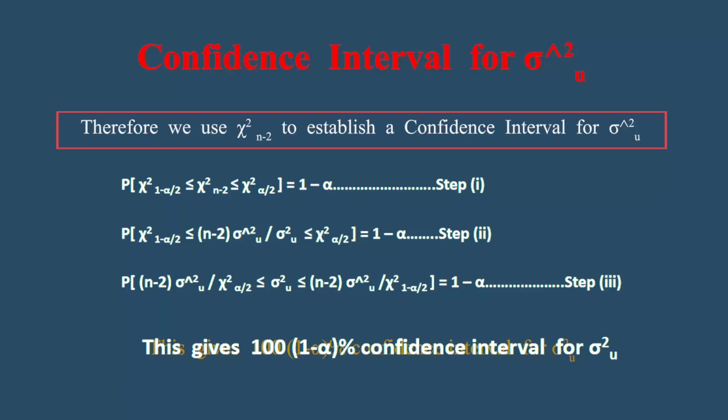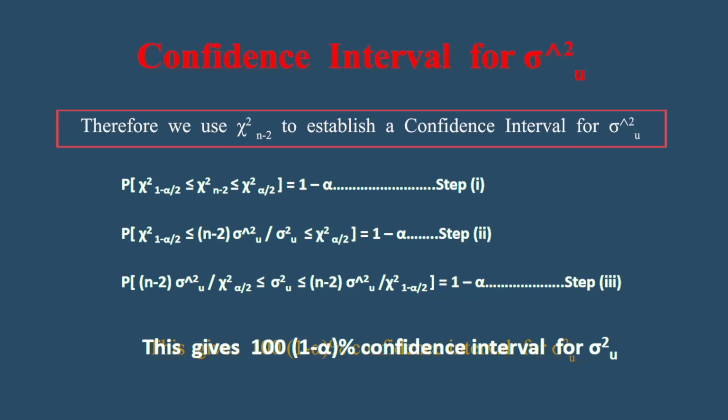The upper bound is defined by chi square alpha by 2, on the right hand side of the distribution, and the lower bound is given by 1 minus alpha by 2. It cannot be written as minus alpha by 2 because the sum of probability is 1. Since it's a non-symmetric distribution, we write 1 minus alpha by 2.